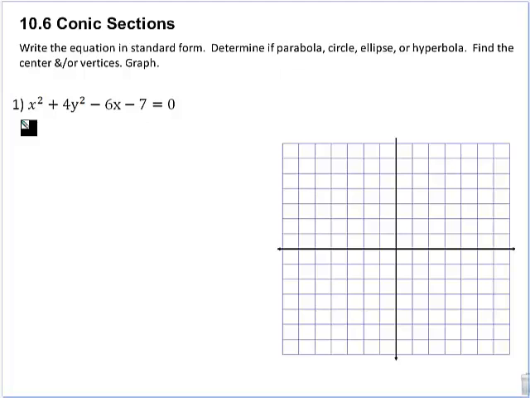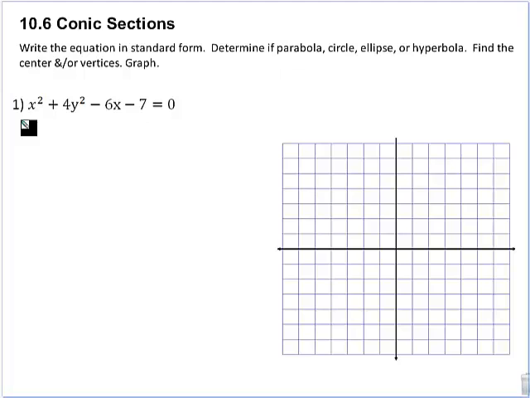Ellipses and circles now are extremely alike. I say they're alike because I could try to write the circle like an ellipse. R squared is just a number, so I could divide everything by r squared. And I would have x minus h squared over r squared plus y minus k squared over r squared is equal to 1. Now that almost looks like an ellipse, right?